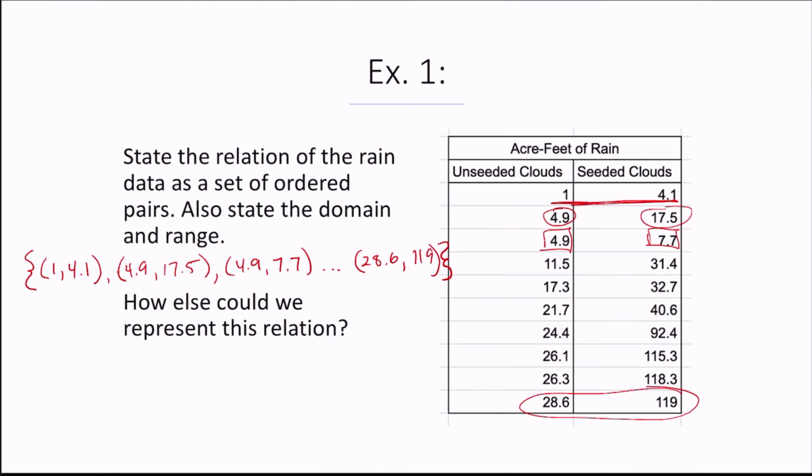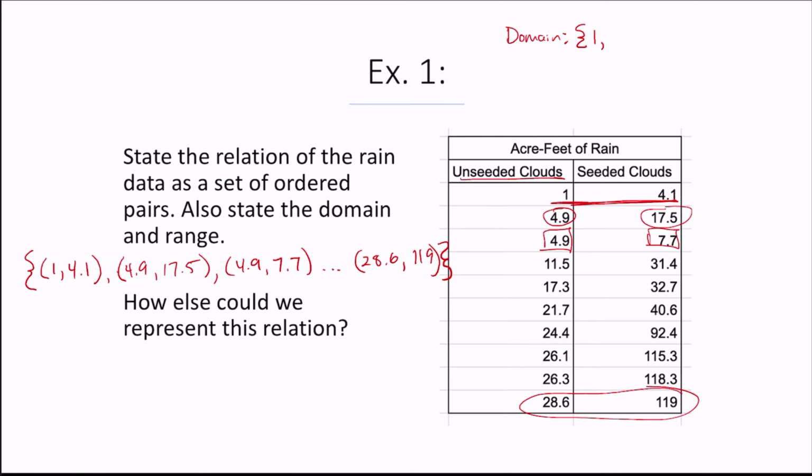Your domain is the list of all of the elements in the first column, the unseeded clouds. Your domain is also going to be a set, so we use the curly brackets again. It is all of the numbers of the unseeded clouds.